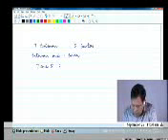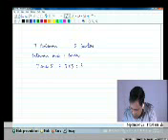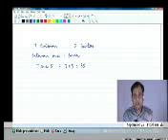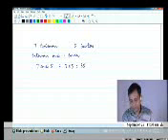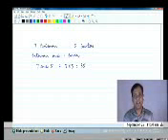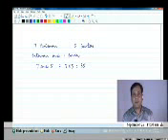So, the number of choices comes out to be 7 into 5, that is equal to 35. This means the number of ways we can select one batsman and one bowler out of 7 batsmen and 5 bowlers is 7 into 5, equals 35.